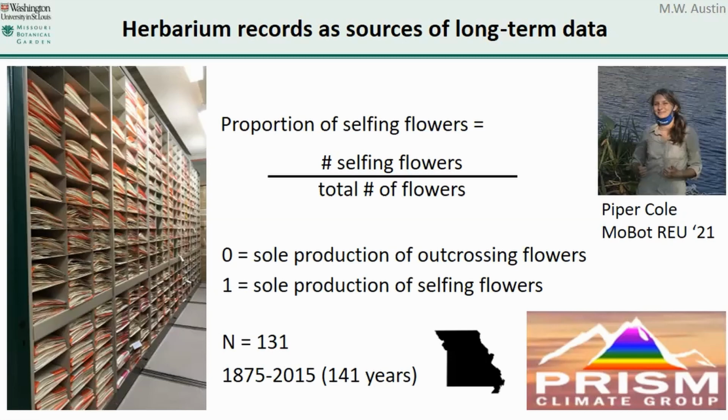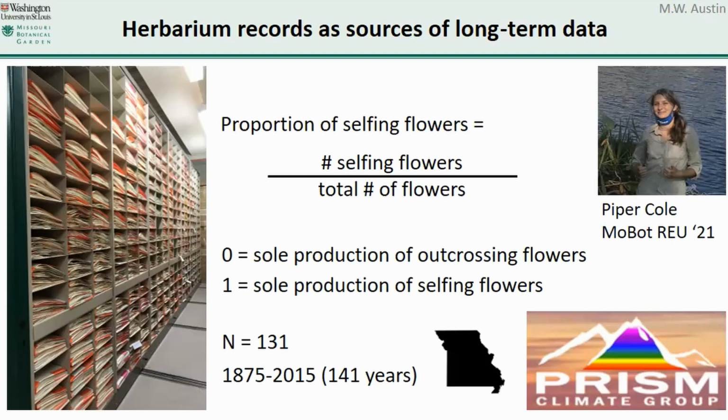We used records spanning 1875 to 2015 to test whether that ratio of the two flower types has changed across that time period. We also paired our herbarium records to climate data to see if there were climatic associations with the proportion of selfing flowers.